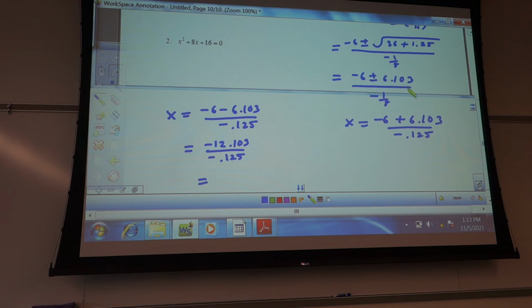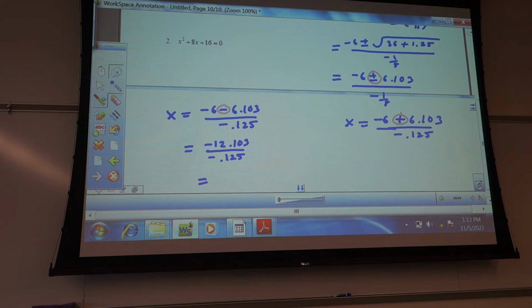And then another one where I did plus 6.103. So the only thing that changed were these two here. This one's the negative, this one's the positive. Does that make sense? Yeah.